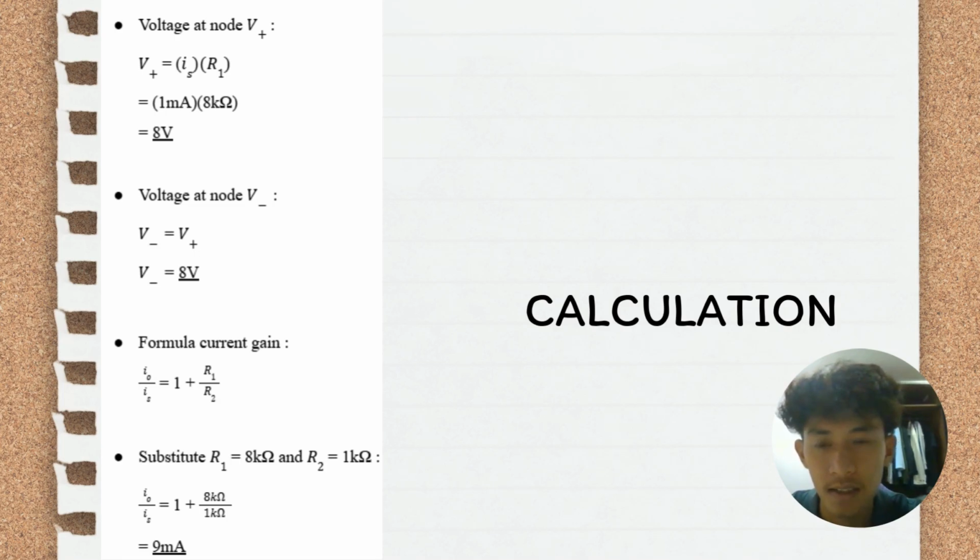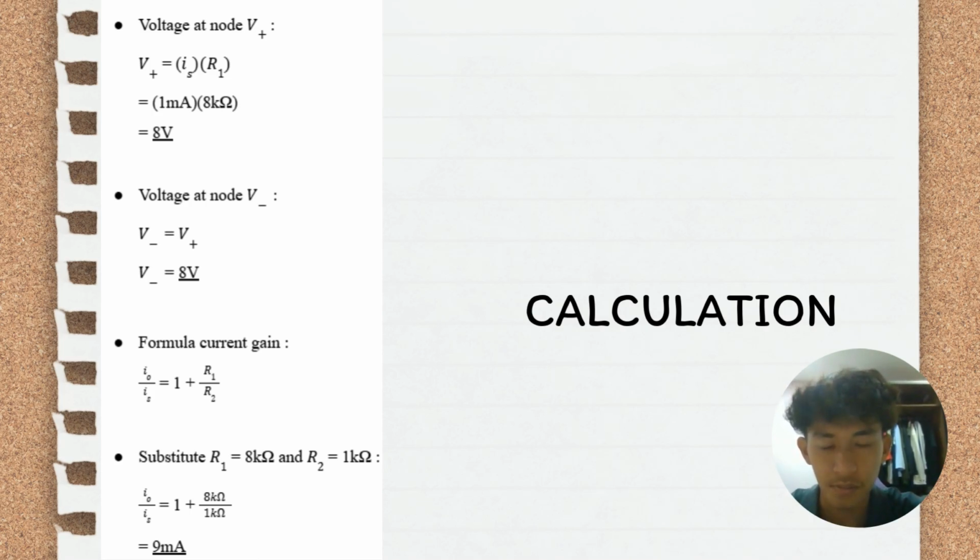So the answer for V positive is 8 volt. Then we need to calculate the voltage at node V negative. The value of V negative is equal to V positive. The value of V positive that we got above is 8 volt, so V negative equals 8 volt.